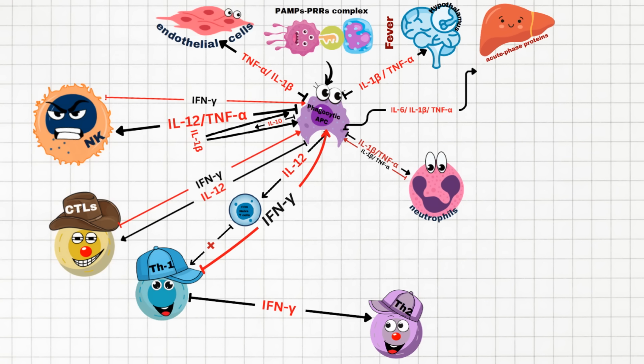Additionally, they help prevent the immune system from attacking the body's own tissues, which is essential for preventing autoimmune diseases. Other important calmers are transforming growth factor beta, interleukin-4 and interleukin-13, interleukin-1 receptor antagonist, specialized lipid mediators such as resolvin and lipoxin.